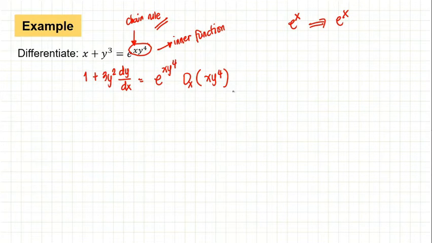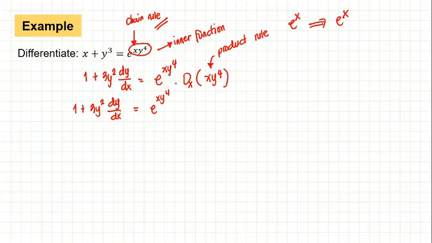Then after that, here, we will apply the product rule as well as the implicit differentiation since meron tayong y involved here. So from that, we will now have 1 plus 3y squared dy over dx equal to e raised to xy to the power of 4 times, using the product rule, this is your u, si x, and your v will be y to the power of 4.